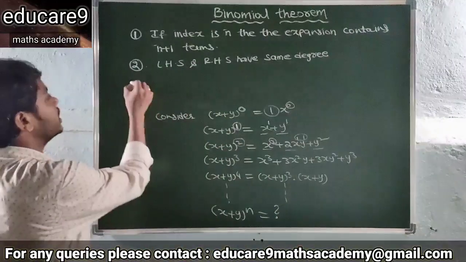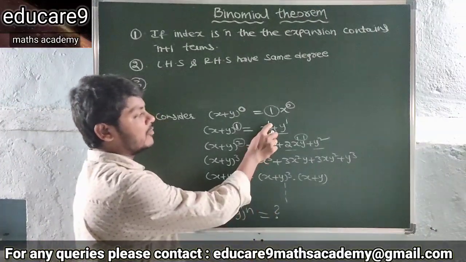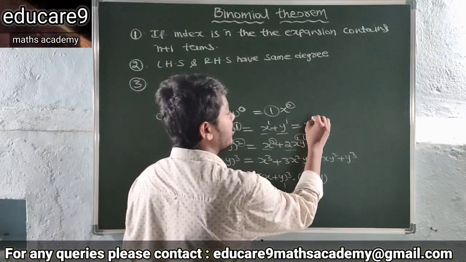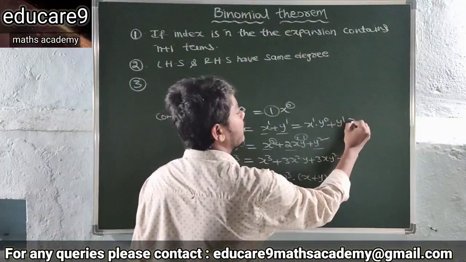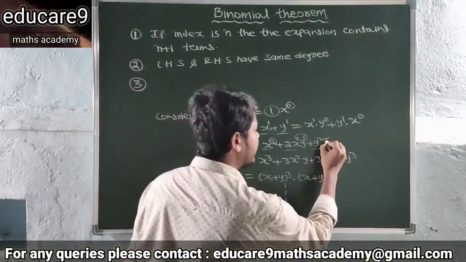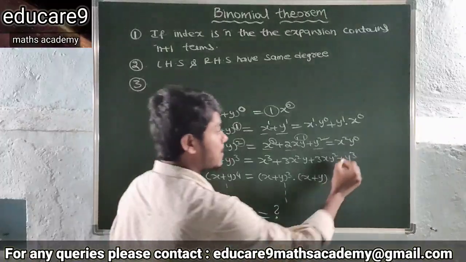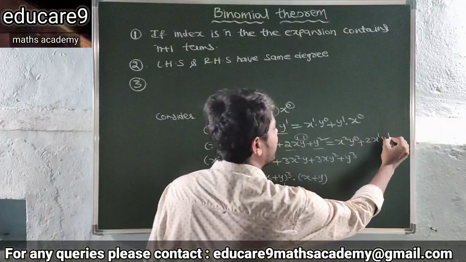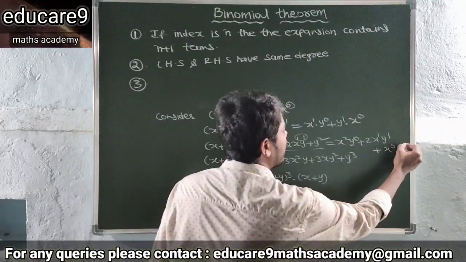And the third one. Here x power 1, y power 1 can be written as x power 1 into y power 0 plus y power 1 into x power 0. And the second one can be written as x square into y power 0 plus 2x power 1 into y power 1 plus x power 0 into y power 2.